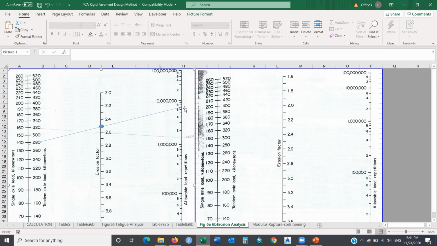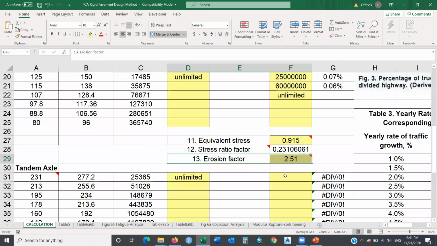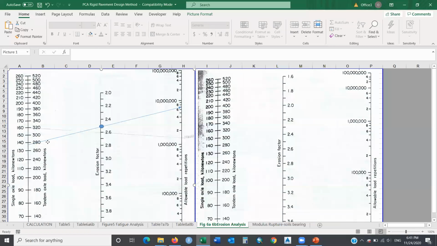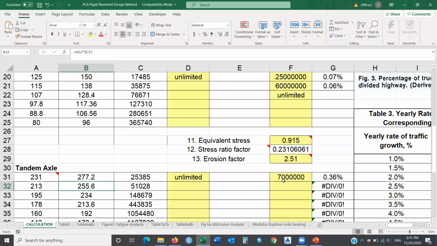This is 7 million. The next one is 255. The value will be 15 million. The next one is 234.